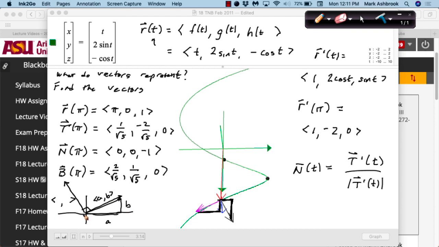So this would be B, and this one would be A. So the components would be negative B, comma A. So the magnitudes flip, and then you just have to get the signs right. It's just a helpful trick for finding orthogonal vectors in an R2 situation, like we had here with T and B.